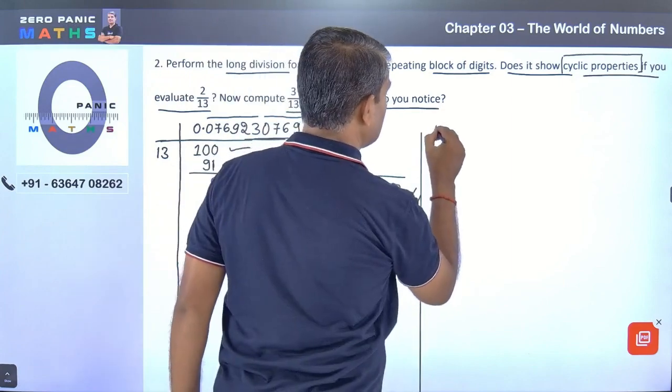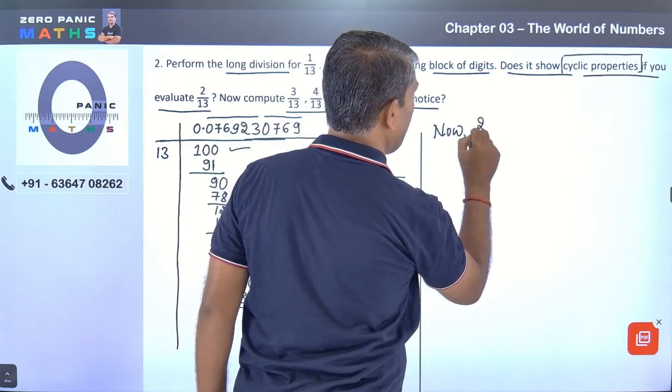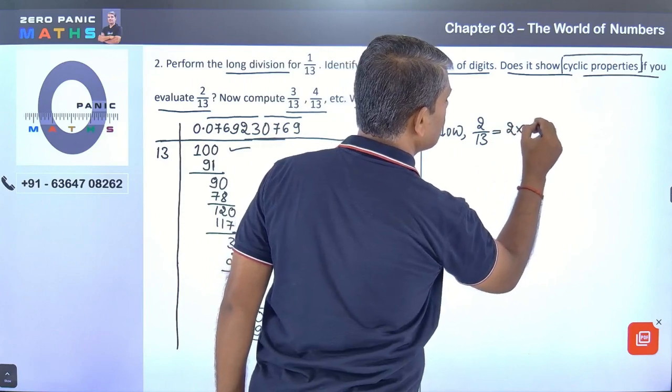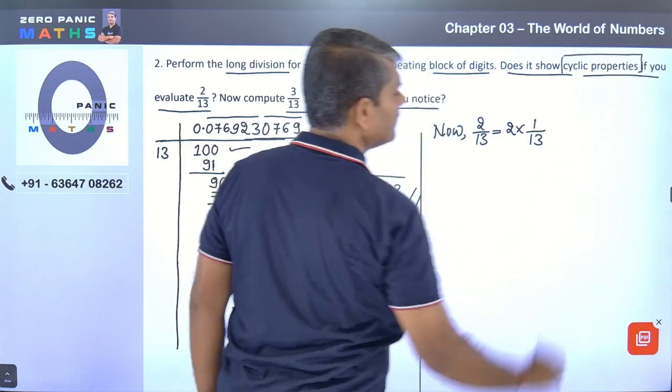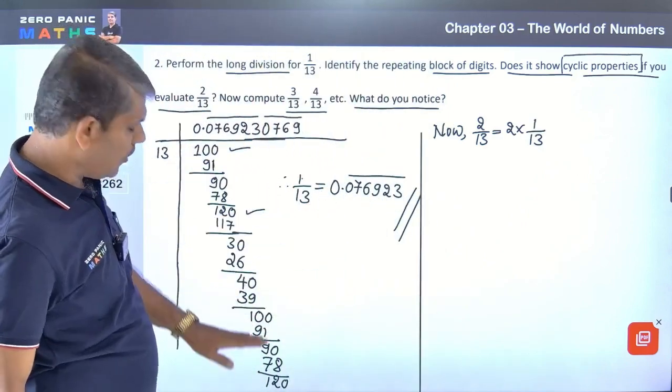So I will just first compute 2 by 13. Can I write it as 2 multiplied by 1 by 13? Because I know the value of 1 by 13 already. I don't have to perform this long division again.